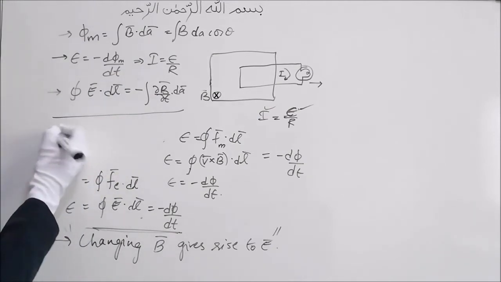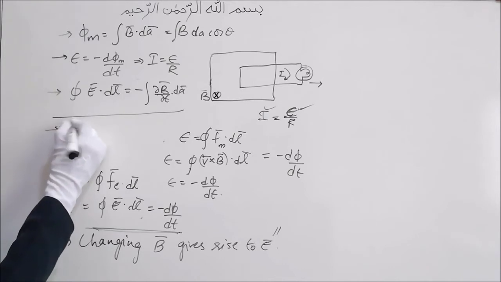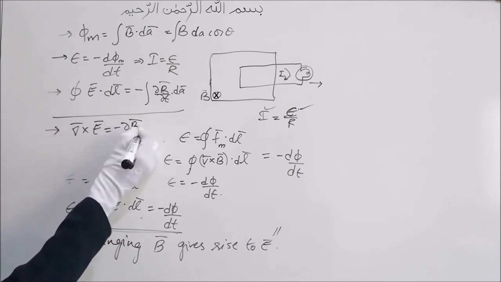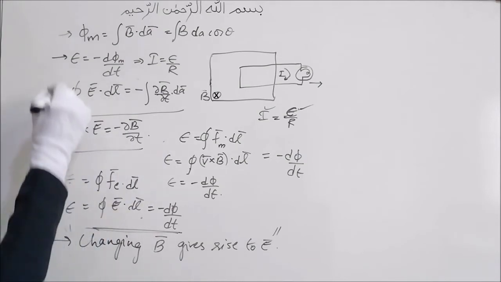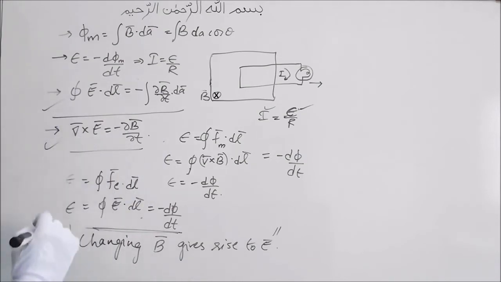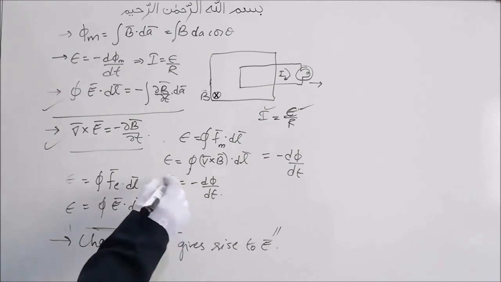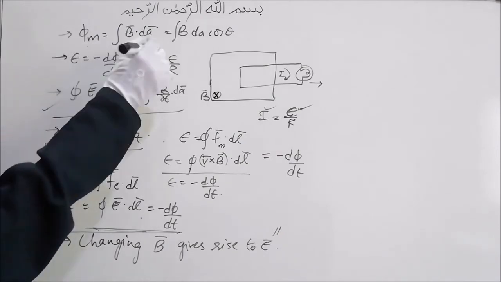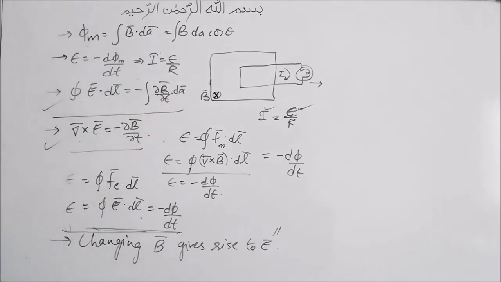Apply Stokes theorem and we get the differential form, which is del bar cross E bar equal to minus del B bar by del t. These are both important, so you have to remember this formula, this and this value of phi m. Obviously I equals epsilon upon R also.